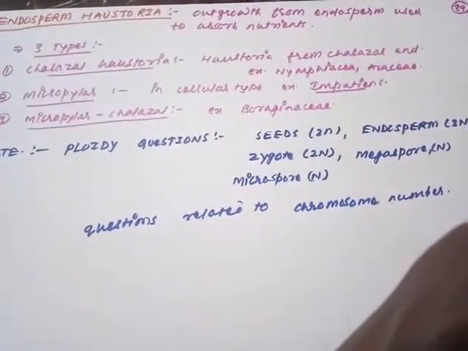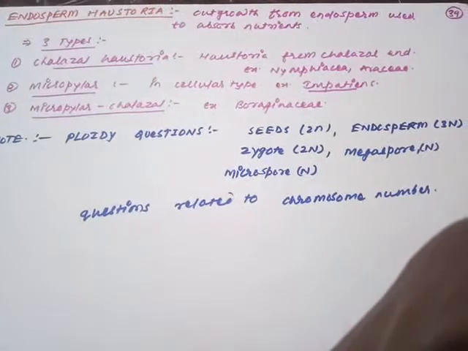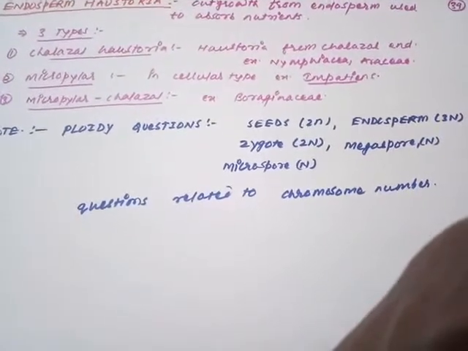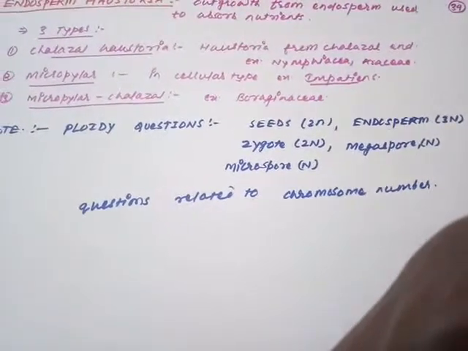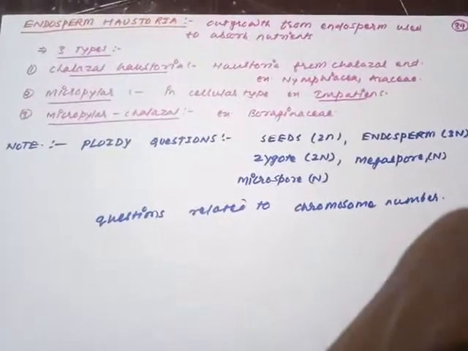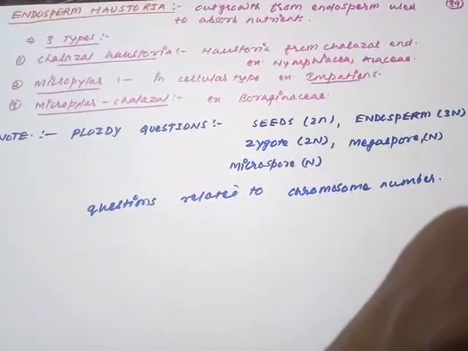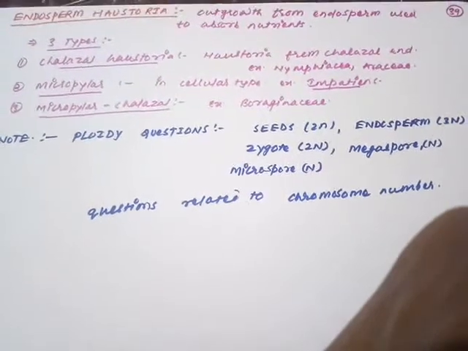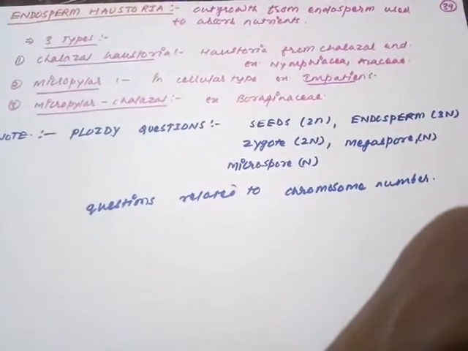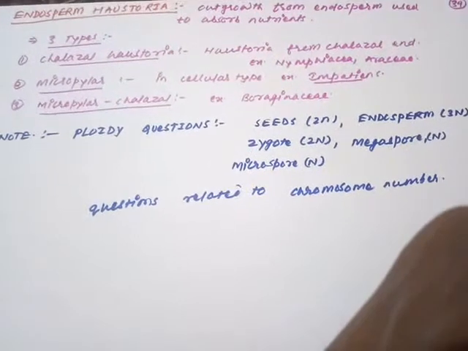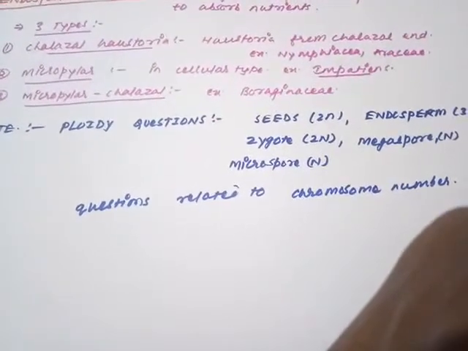As per the name, it is very clear to you all. The chalazial haustoria means the outgrowth developed from the chalazial end which derives the nutrition. Micropylar haustoria is the haustoria originated from the micropylar end. Micropylar chalazial means when it is produced from both ends. Where can we report the chalazial haustoria?